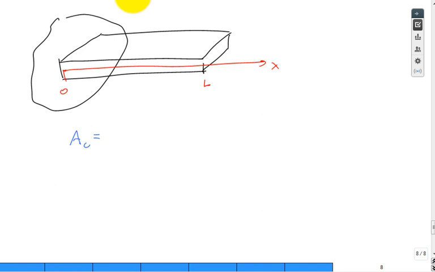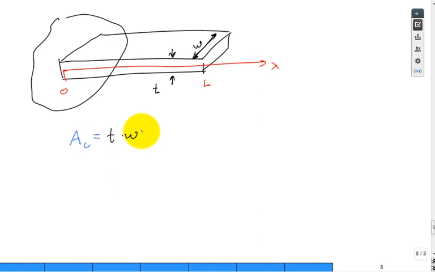It's not pi d squared over 4 because it's round. But here we're going to have a thickness t and a width w. All right. In terms of t and w, what is A sub c? Isn't it just t times w?